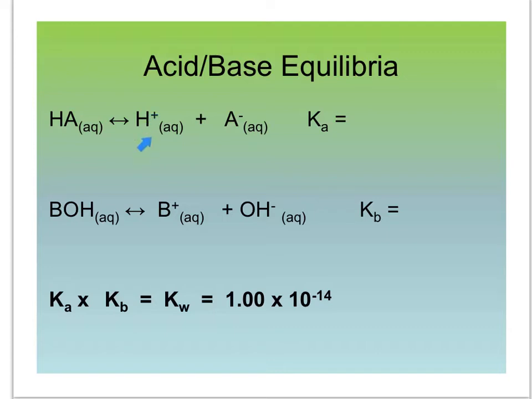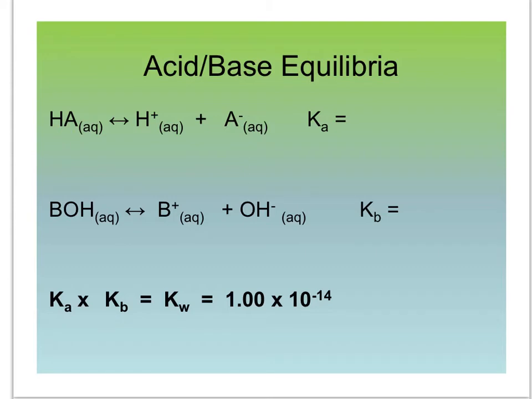It partially dissociates into H plus and A minus. So we said typically a little bit of H plus and A minus are produced, but the majority of it remains as molecular HA. If I wanted to write the Keq expression, the equilibrium constant expression for this, I would do products over reactants, raised to the power of their coefficients.